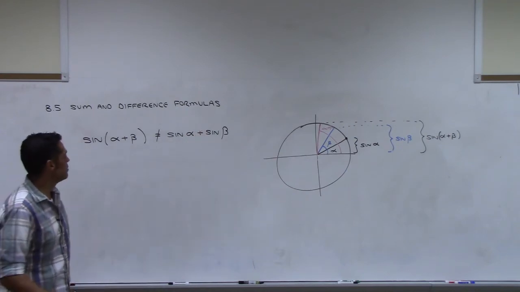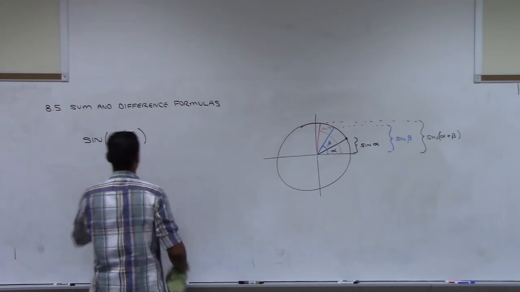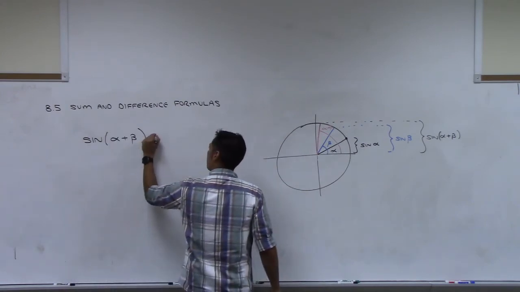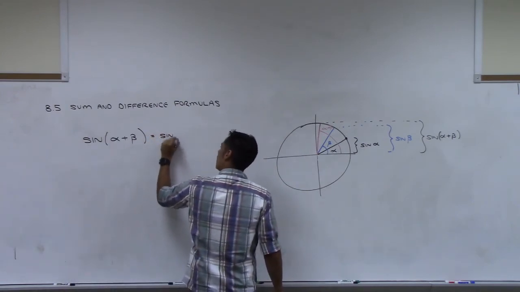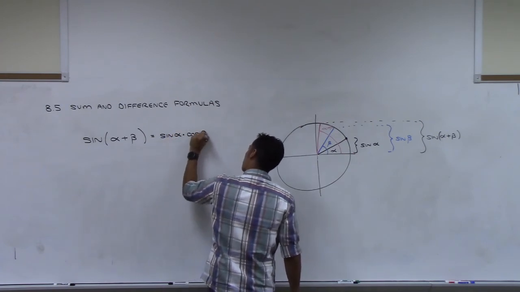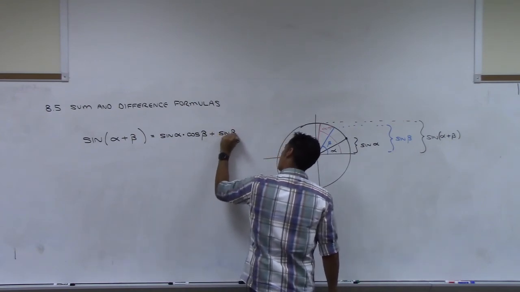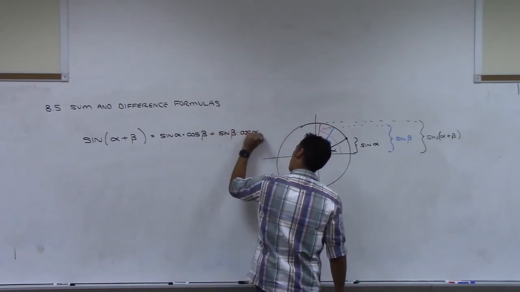Well, there is. It's rather complicated, though. Here's what it actually turns out to be. It is sine alpha times cosine beta plus sine beta times cosine alpha.